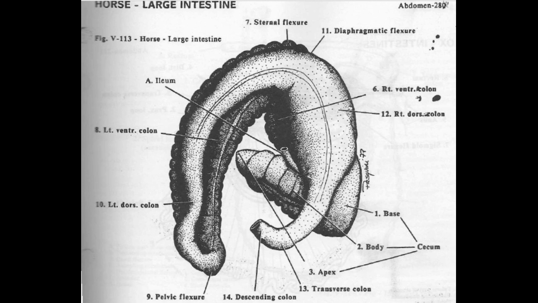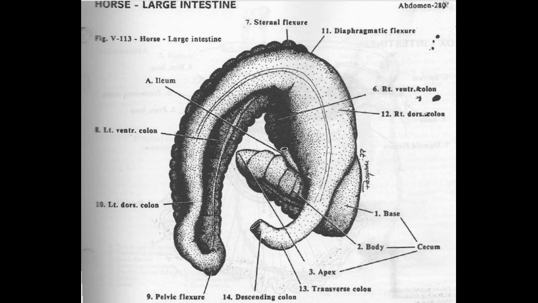The pelvic flexure is a connection of the left ventral colon and left dorsal colon, and it is present in the left paralumbar fossa near the pelvic inlet. After this pelvic flexure, the colon again continues to move cranially, and the portion thus formed is called the left dorsal colon, which is the continuation of the pelvic flexure cranially on top of the left ventral colon.